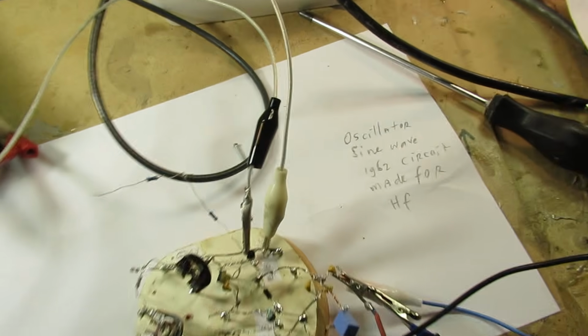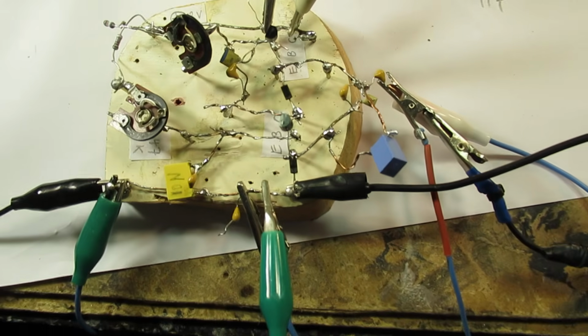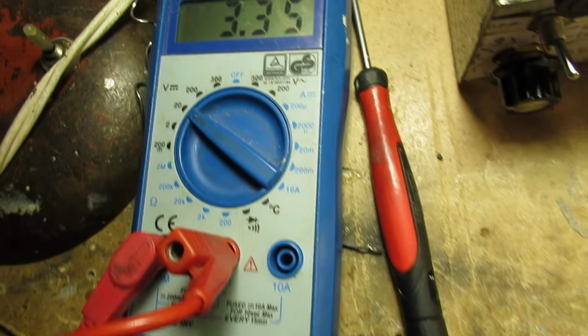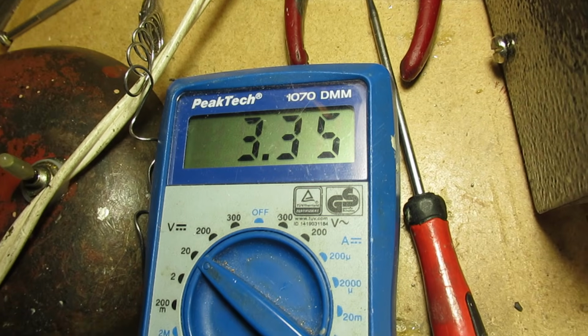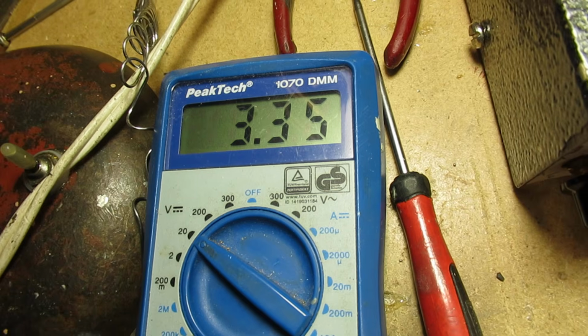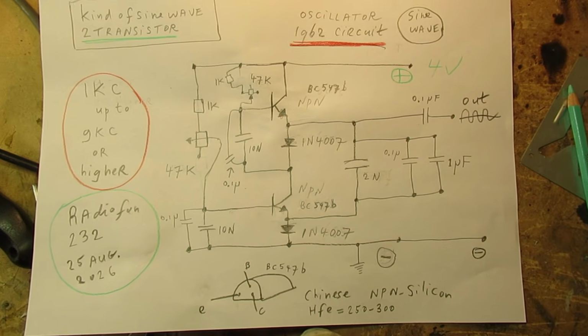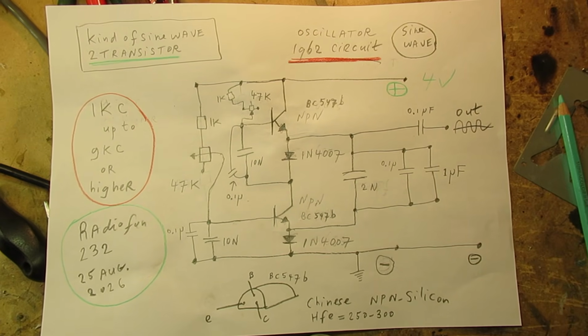So, very simple circuit from the 1960s that works, though on low voltages in the order of 4 volts, 5 volts. But anyway, could be very useful. The schematic again, and thanks for watching.